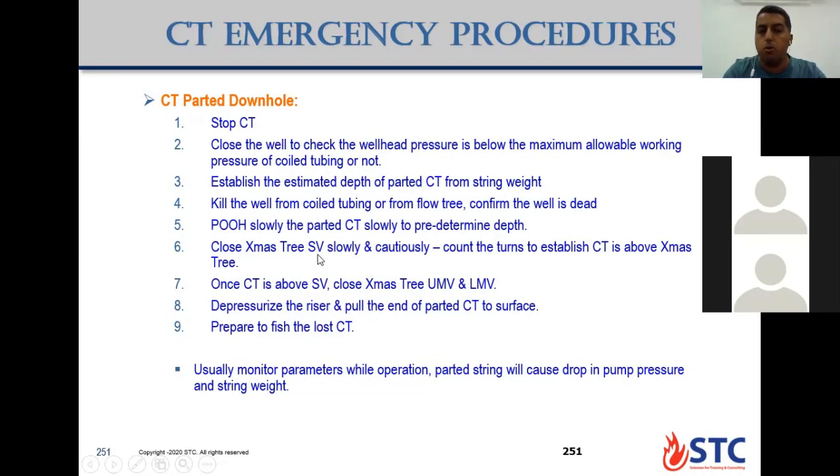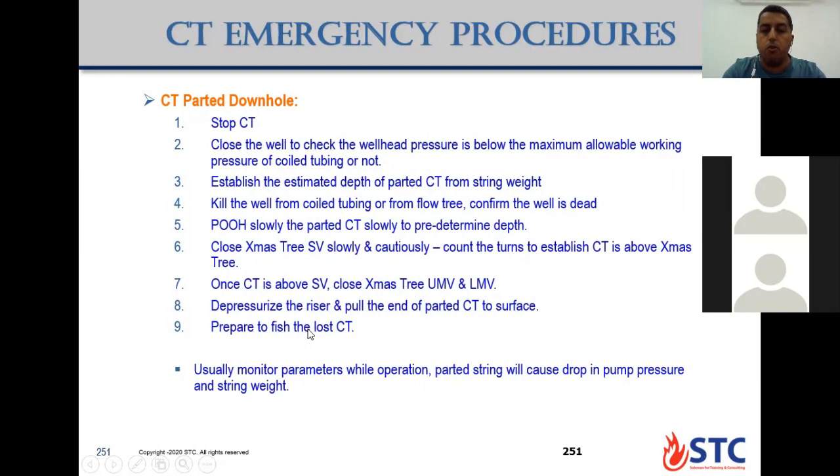Here you need to close all valves and count the turns to establish that the coil tubing is above. Once the coil tubing is above, you will close all the upper and lower master valves. Depressurize the riser. Make sure there is zero pressure. Pull the end of the parted coil tubing to the surface.